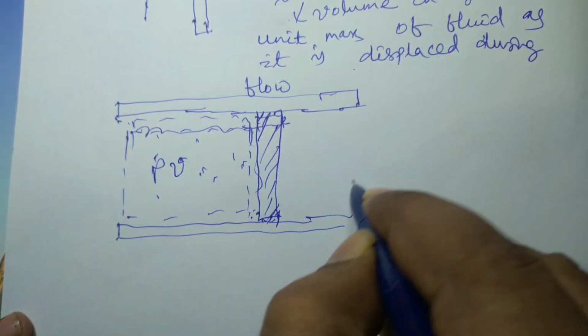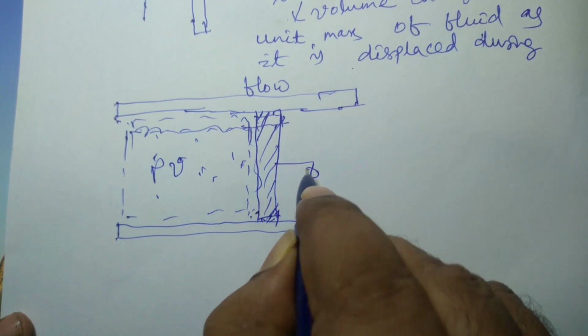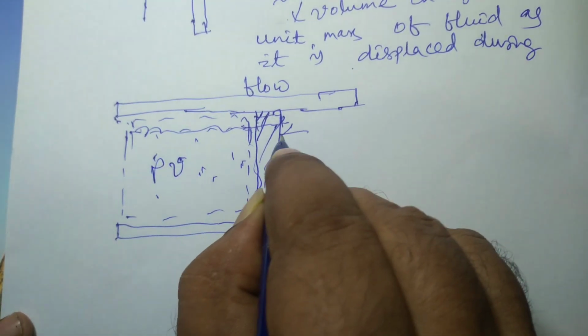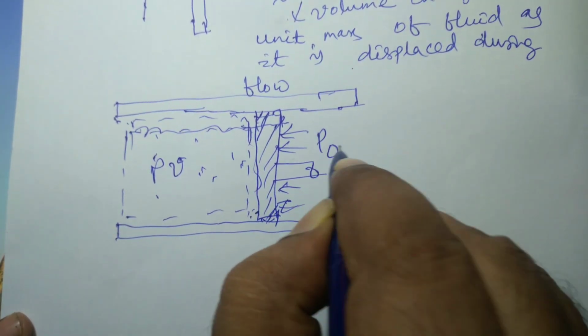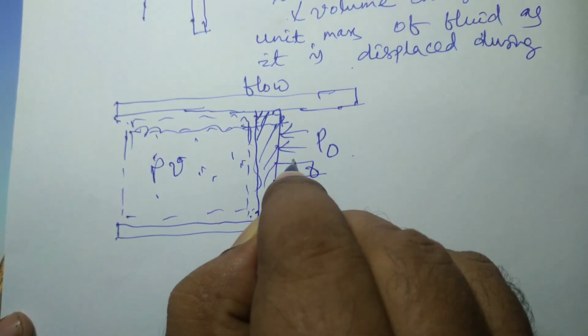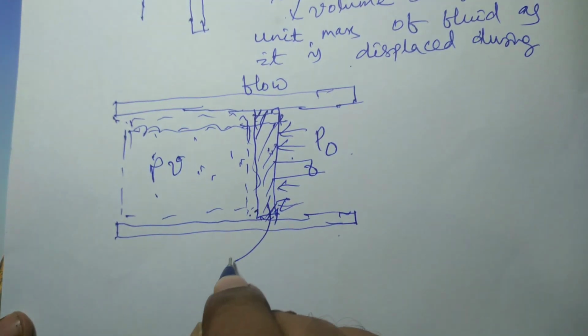There is a shaft associated with it also. And this P0 that is exerted is the pressure exerted by the surroundings on this imaginary piston.